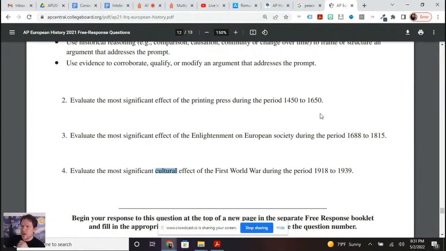So when I'm looking at this, the printing press to me looks like a no-brainer. That's what most students picked last year, because not only is it a familiar topic, but it's very open-ended.